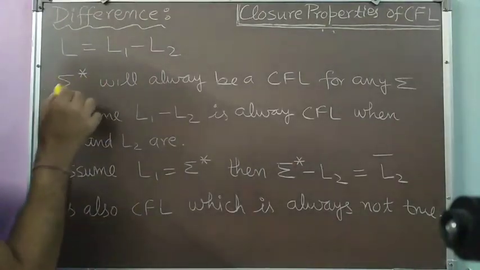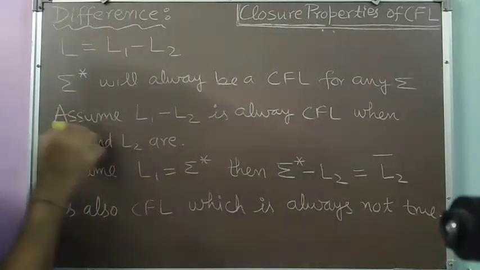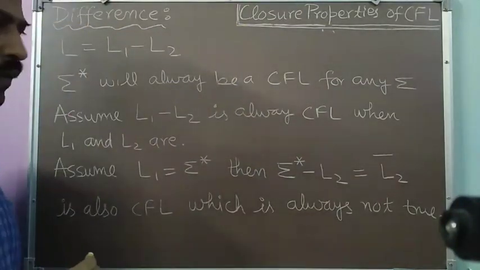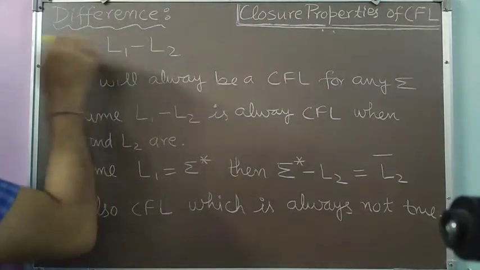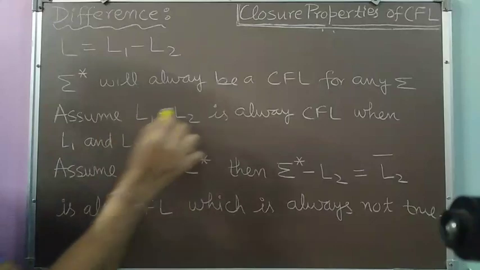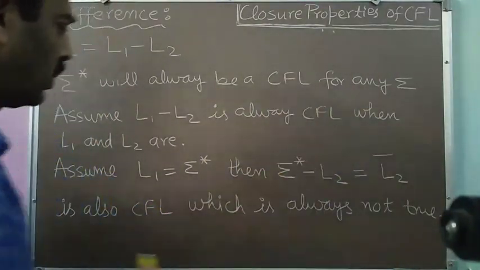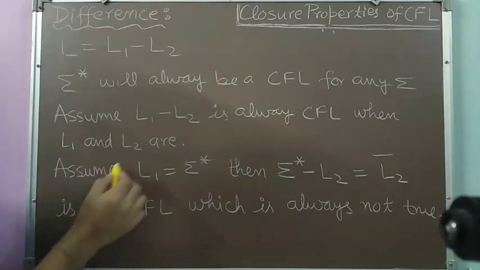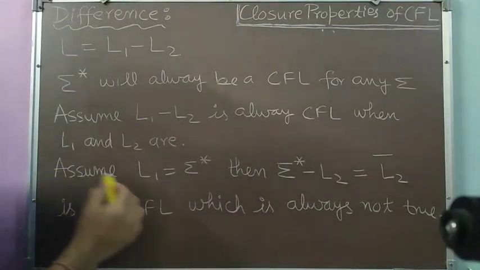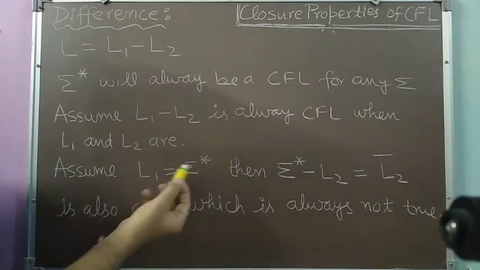Now let us assume that the difference of two context-free languages is always a context-free language, meaning we are assuming that L is context-free when L1 and L2 both are context-free. Now let us assume that L1 is equal to sigma star, which is a context-free language known to us.